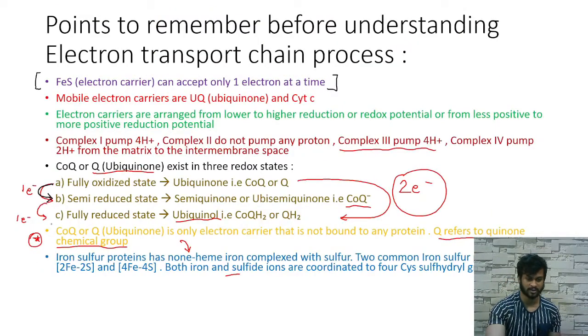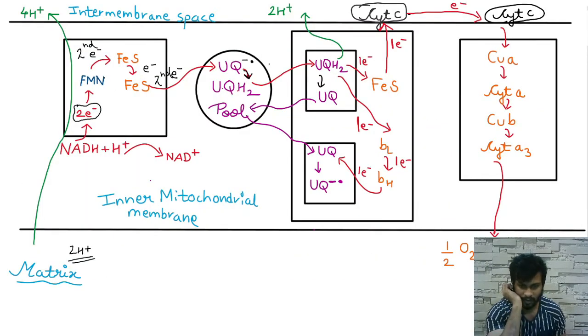We have discussed it over here. The semi-reduced state, after accepting one more electron, will get converted into fully reduced state, that is ubiquinol or QH2. Now, QH2 or UQH2 will come out of its pool and bind to the QP site which is present in complex number 3.